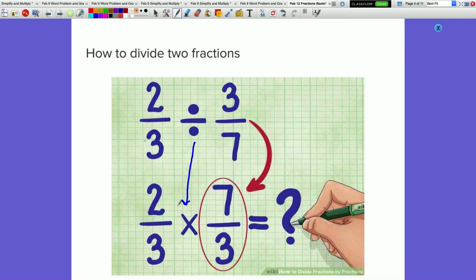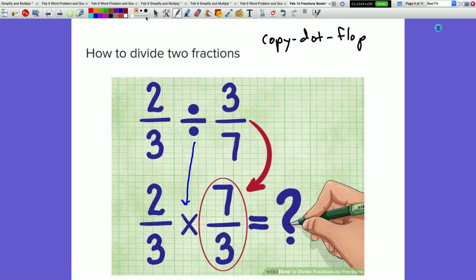How else can we write multiplication? X is kind of the old school symbol as well. We'd rather see a dot there. But we're going to take the division, write it as multiplication. We're going to take the second fraction and flip it upside down. This whole process is called copy-flop. Keep the first fraction, change the division into multiplication, flip the second fraction.